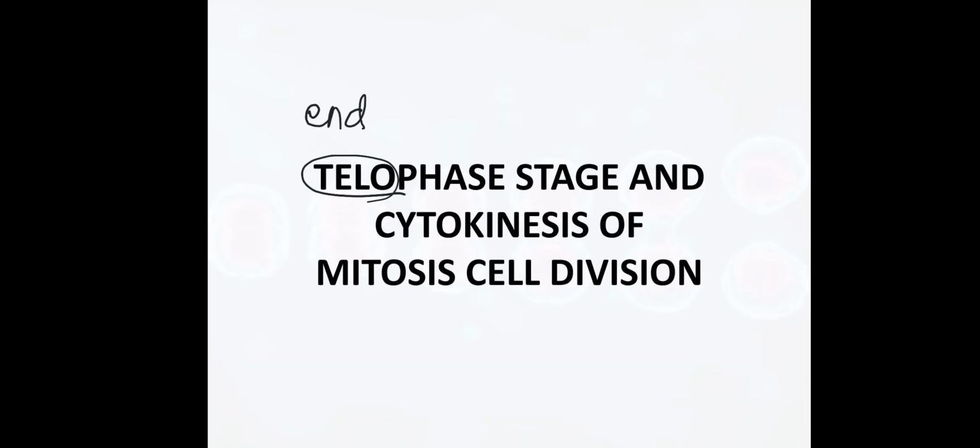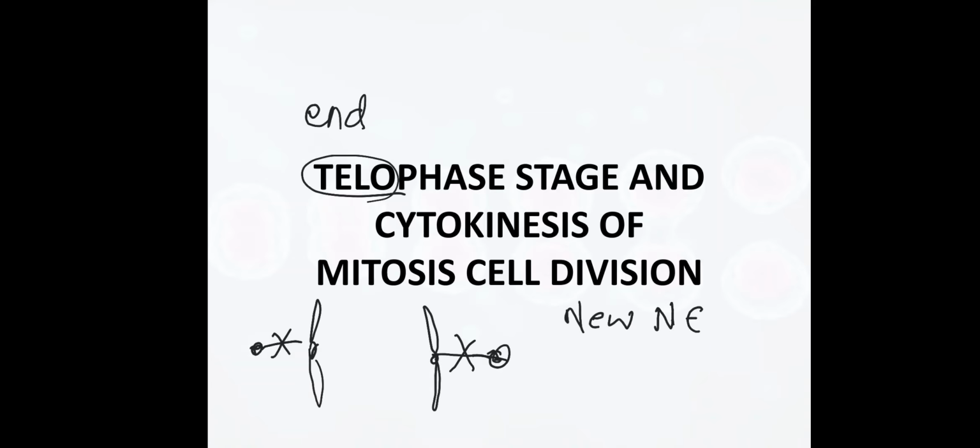The separated daughter chromosomes arrive at the pole and the kinetochore microtubules disappear. The polar microtubules elongate still more and a new nuclear envelope will reform around each group of daughter chromosomes.